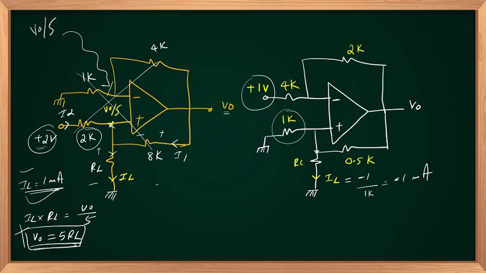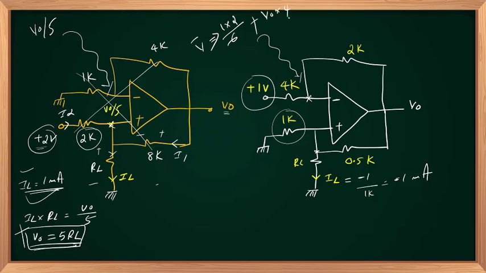To do that, let us evaluate V minus first. If negative feedback is dominant in the circuit, and the Opamp is not saturated, then V plus will be equal to V minus. So V minus can be directly obtained by the two sources dividing between 2k and 4k: 1 into 2k divided by 6k, so 1 into 2 by 6 plus V out into 4 by 6.